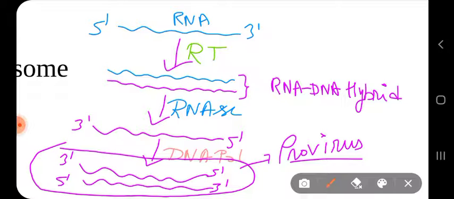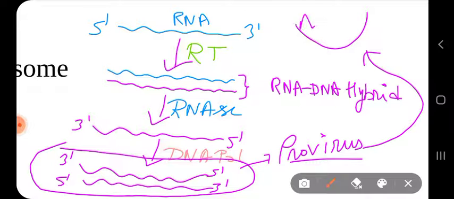The so formed viral DNA, referred to as provirus, will be incorporated into the DNA of the host cell. Now this provirus will be included into the nucleus of the host cell, right?